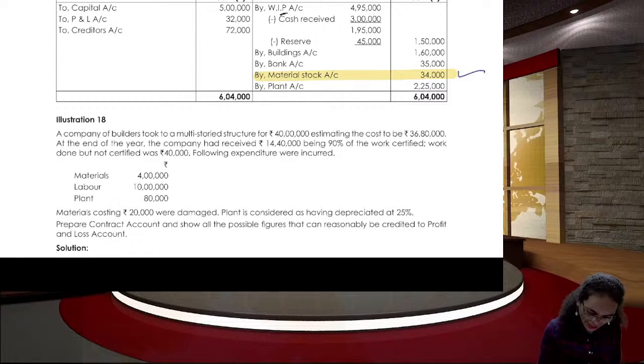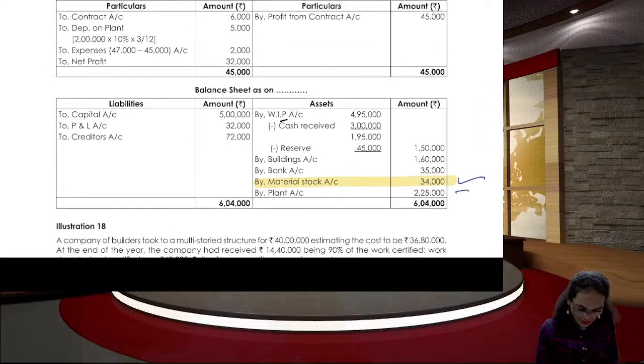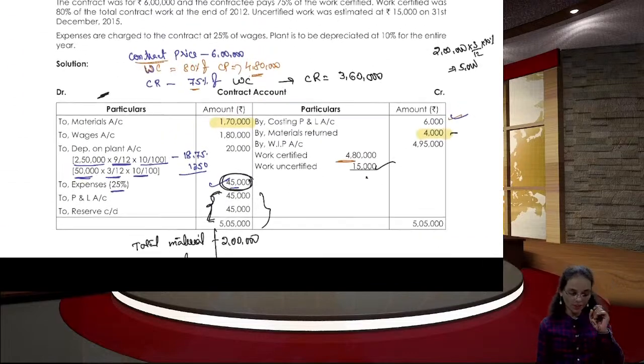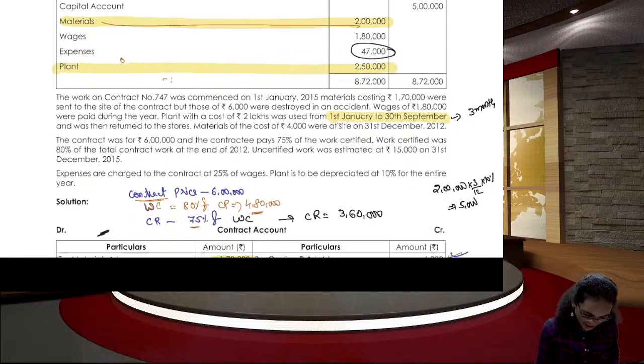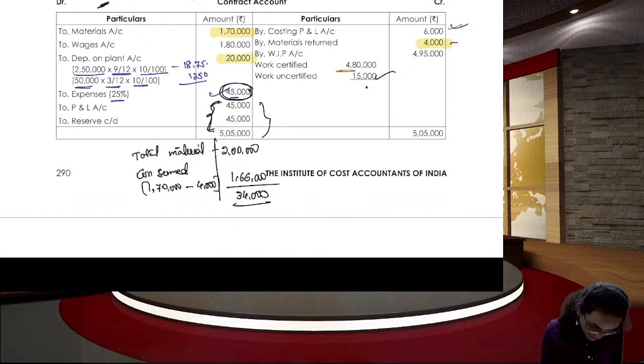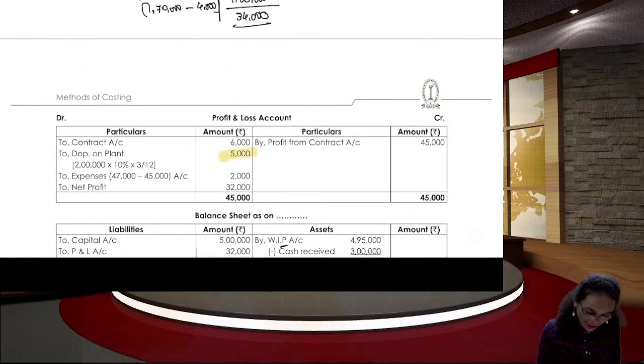34,000 value. And the plant value is 2,25,000. How 2,25,000? You need an explanation here also. The plant value is showing 2,50,000 here, but depreciation we have taken for the particular project is 20,000, and for the P&L we have taken 5,000. So 25,000 depreciation we have taken.